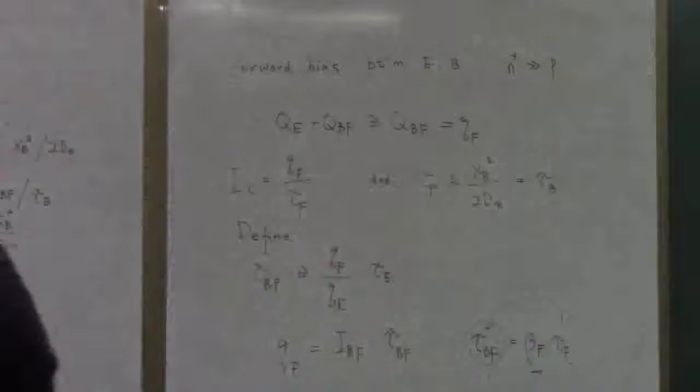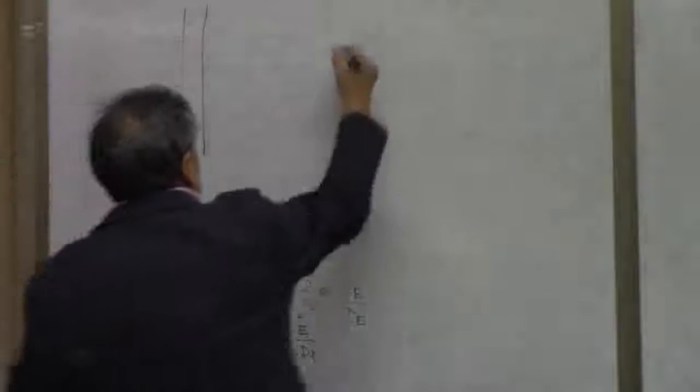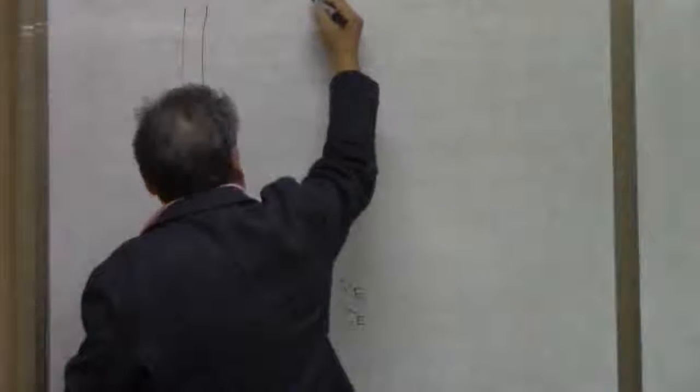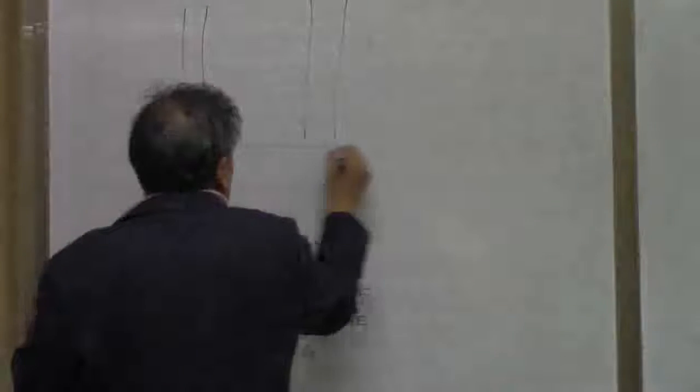So this means what we have done there is we have space charge region between emitter and base, and the space charge region for the base and the collector, something like this.